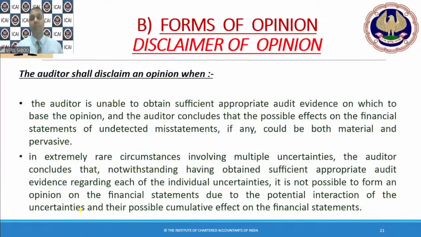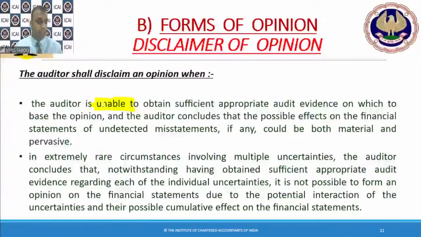Now coming to disclaimer of opinion. When would the auditor disclaim an opinion? You can see on the top left of your screen, there is this auditor standing and it says, we do not express an opinion. So that is disclaimer of opinion. The auditor is unable. In the previous cases, adverse and qualified, the auditor was perfectly able to collect sufficient appropriate audit evidence.